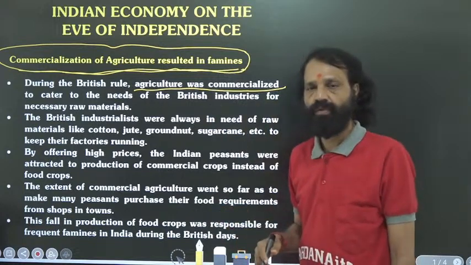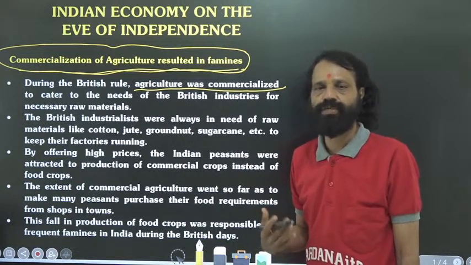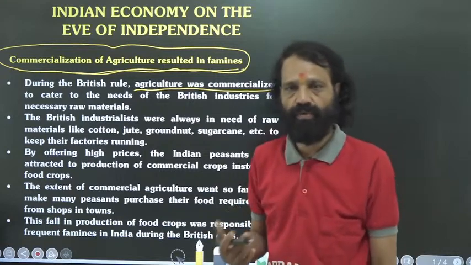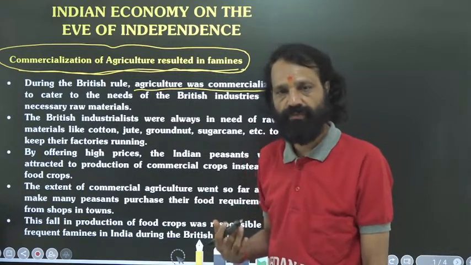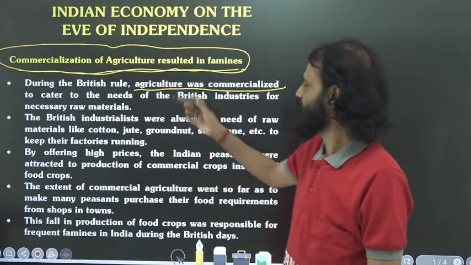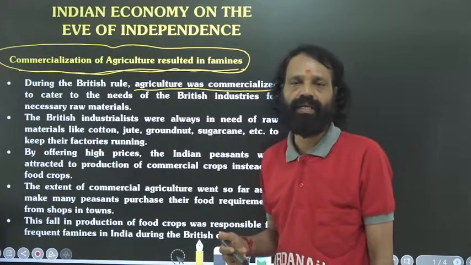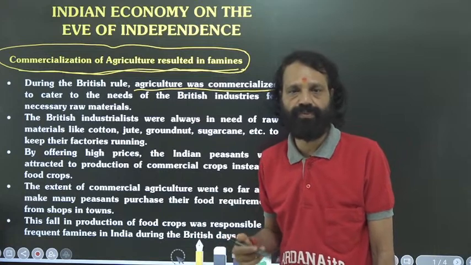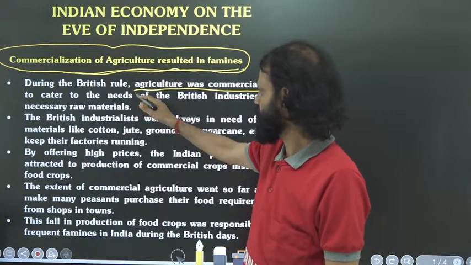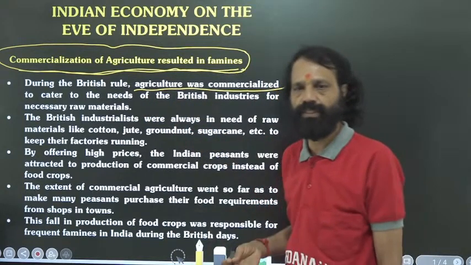Why did the famines occur in India? Because of the scarcity of food. Why did India face the scarcity of food? Because the Britishers were forcing our farmers to produce more cash crops rather than food crops, because the British industries demanded more and more raw materials from India.